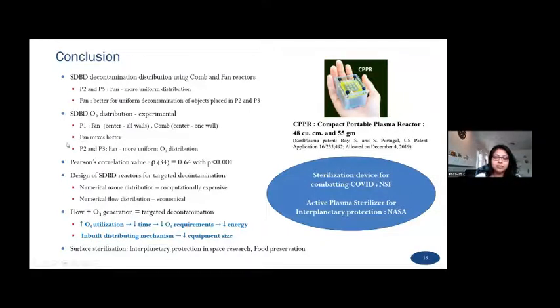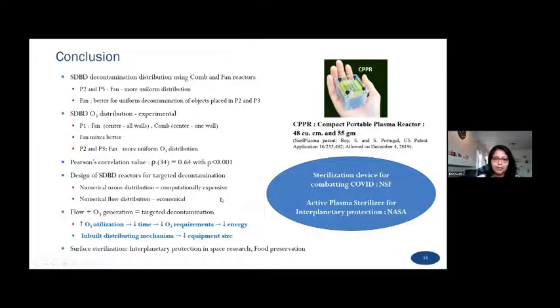Then we saw the SDBD ozone distribution, which was collected experimentally, and how they differ for the fan and comb. For the fan, it generates at the bottom, at the center, and then distributes uniformly. For the comb, it generates at the reactor, but is pushed mostly away towards one wall. This was quantitatively related with the Pearson's correlation value, which showed a significant relation between ozone distribution and decontamination distribution.